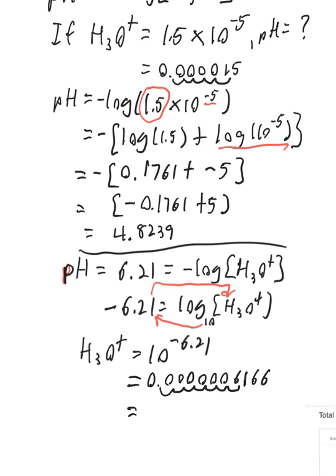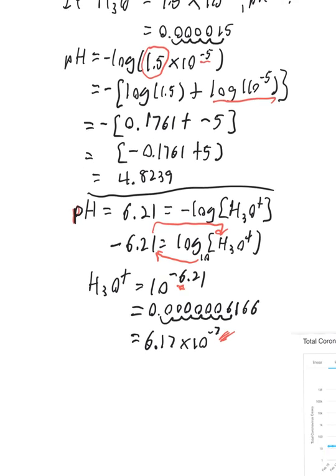So that's going to be 6 point, if I round to 2 decimal places, 17 times 10 to the negative 7th. And as kind of a benchmark, I've got 10 to the minus 6.21. So in my answer in scientific notation, that's going to get rounded up to the next integer. Negative 7 is what I'm going to have in my final answer. All right, so that's pH.